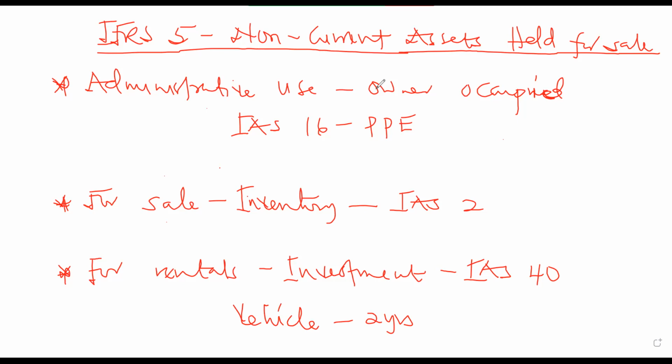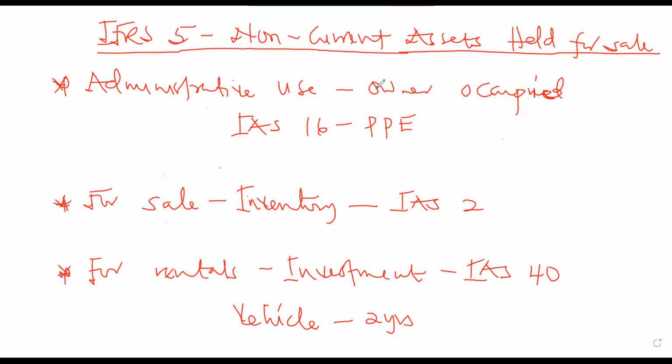So the non-current asset held for sale, which is IFRS 5, comes in when a company has now decided not to use the motor vehicle for administrative work again. They don't want to use it for rentals again, and they now want to sell it. They don't need it again, so they want to sell it. If they want to sell it, then they have to classify that particular asset as held for sale.